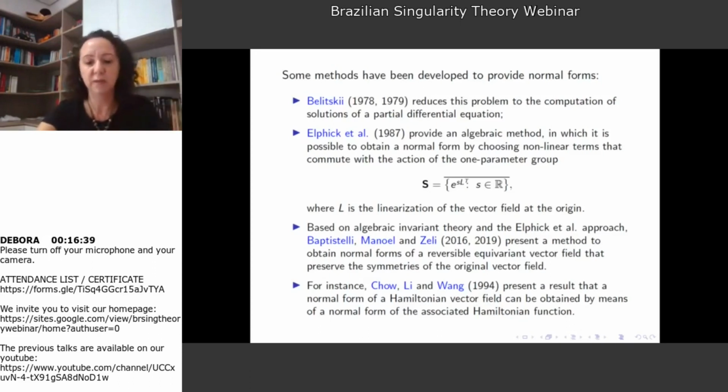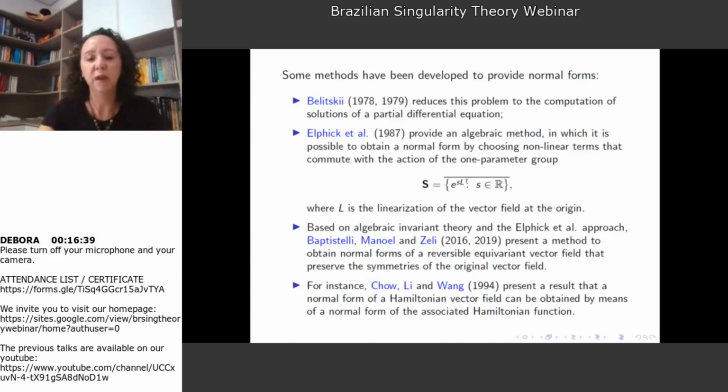What is the difference here? Well, what we use here is to mix these two approaches, because in some sense it is simpler to obtain a normal form of the Hamiltonian function, and from this normal form we naturally obtain a normal form of the vector field. It is simpler than, for example, the approach presented here, since in our case the vector field is a particular case in which the vector field is defined in terms of the Hamiltonian function.